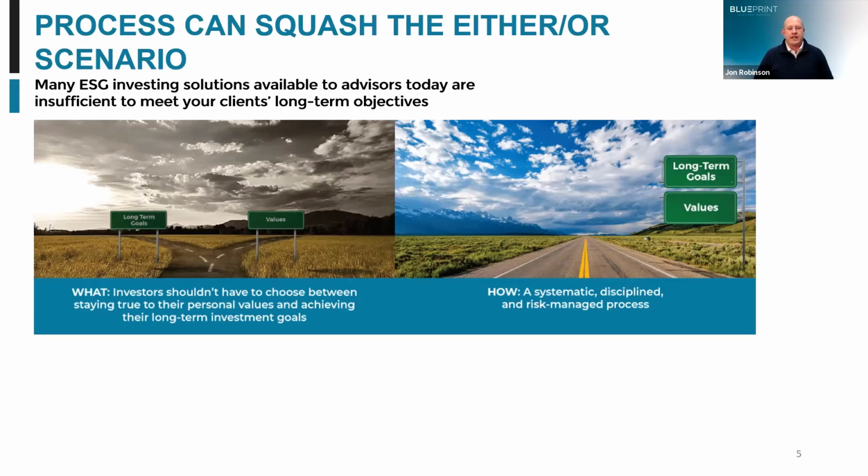We don't believe that clients should have to choose between, hey, I have this thing over here that screens out certain characteristics of companies that I don't like or that don't align with my values.